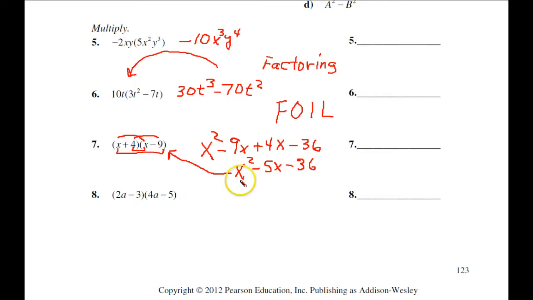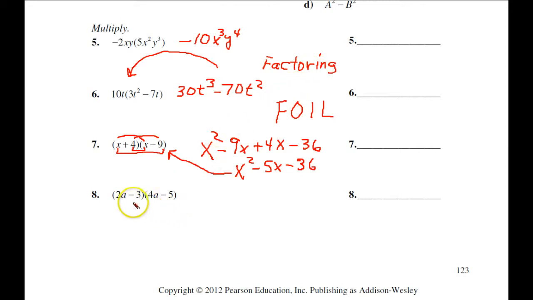Remember, this trinomial is a product, and it came about from multiplying two binomial factors, which produce this, that we then did the combining like terms into this. So we will look later at techniques to undo the FOIL, which is factoring.